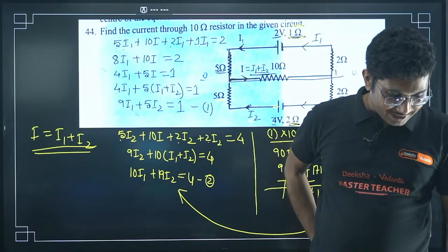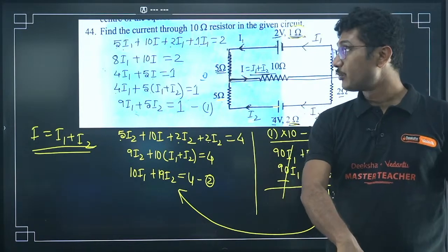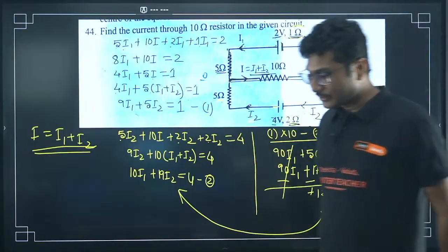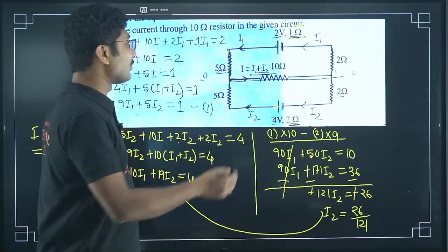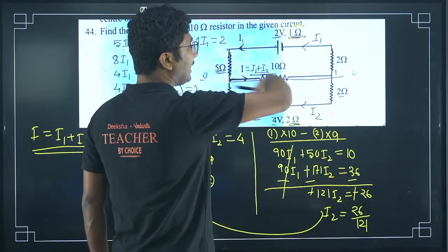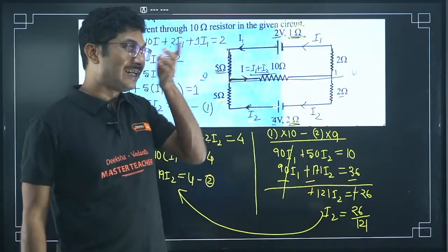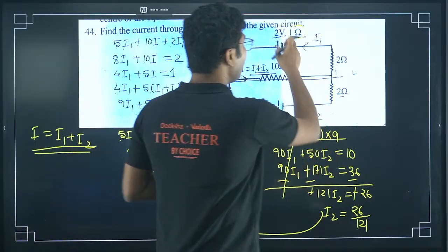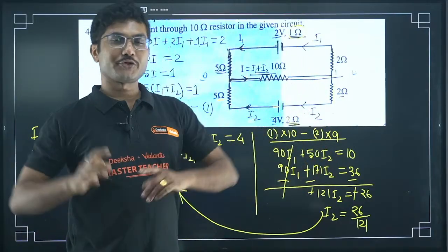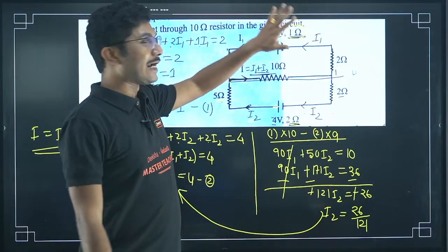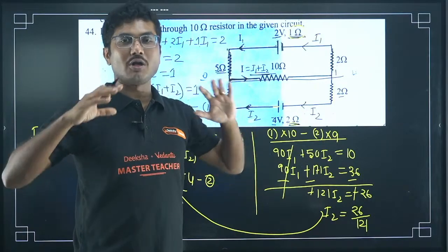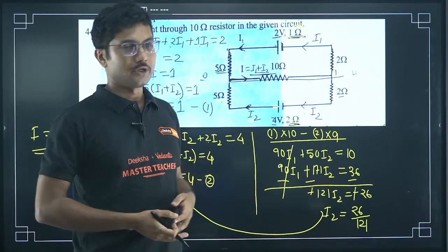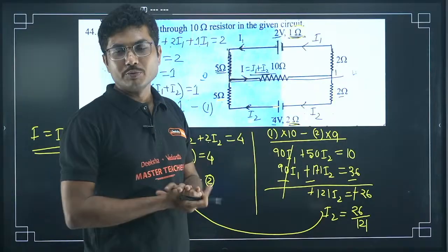Sir, how to take the general equation in general? So there is no general equation. You have to consider a loop. Individual loop, always remember individual loop. So check if the loop has a battery or not. First of all, you have to check the loop that you are considering and try to consider small loops, not bigger loops.